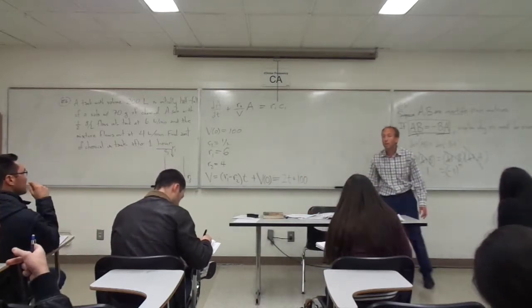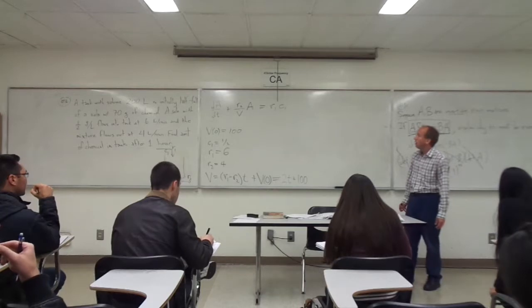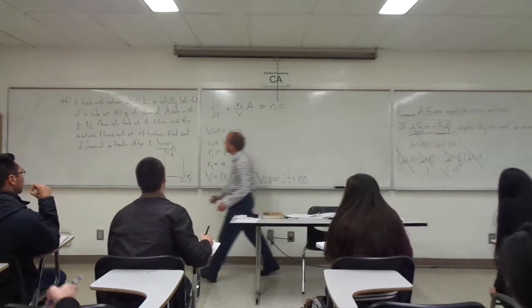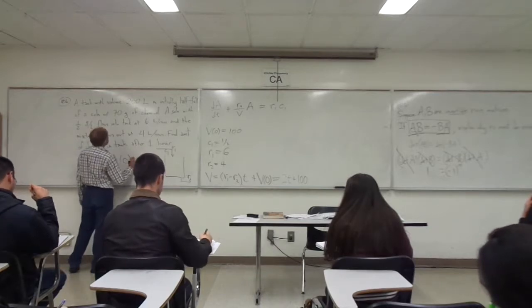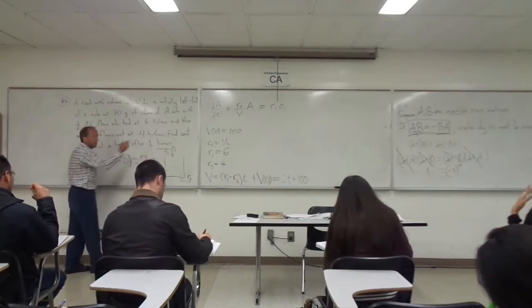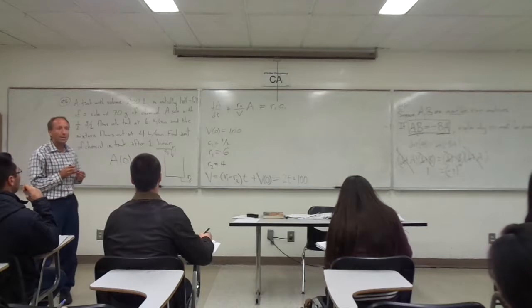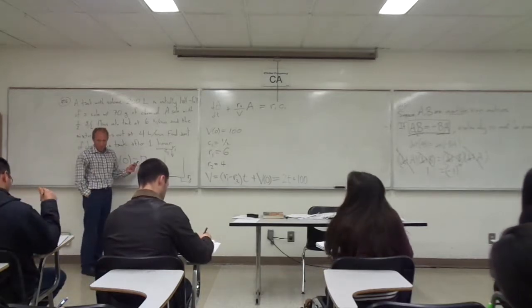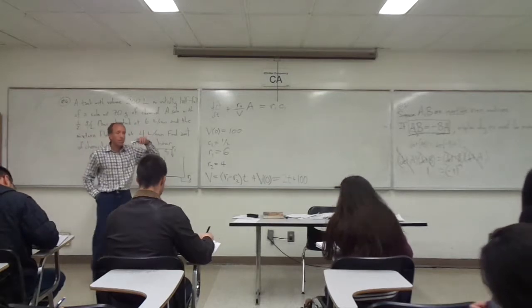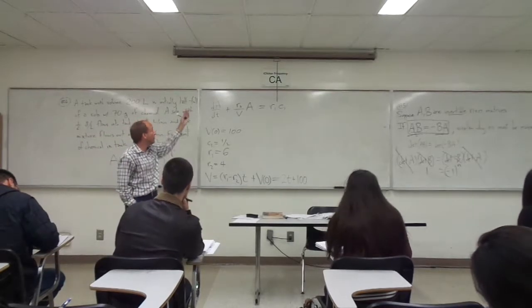Don't you also have your initial amount of 70 grams? Ah, okay, the initial amount, so that would be A of 0, I'll put that over here. A of 0 was 70 grams. Does that go in the equation anywhere? Right, this is actually called the initial condition. So what we have in these mixing problems is not just a differential equation.